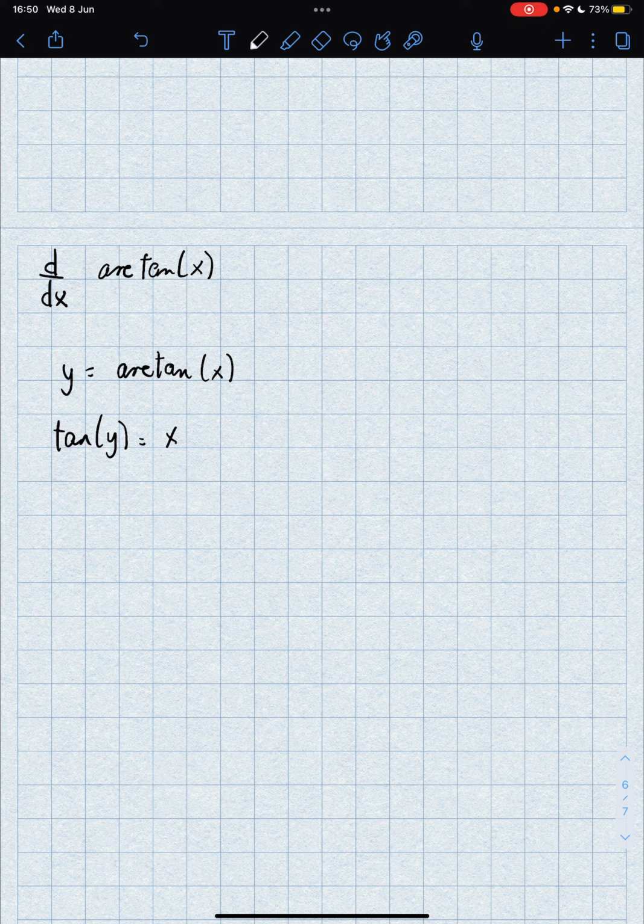Perfect. So if I want to know what that expression is telling me, what I should do is draw a triangle and say, okay, this is y. I know that tangent is opposite over adjacent. So I have here x and here I have 1. So the hypotenuse is square root of 1 plus x squared.